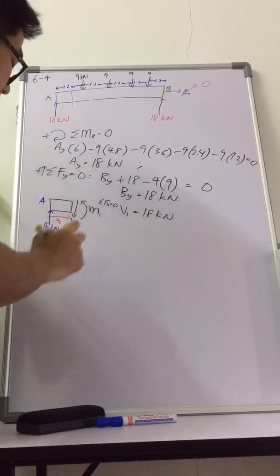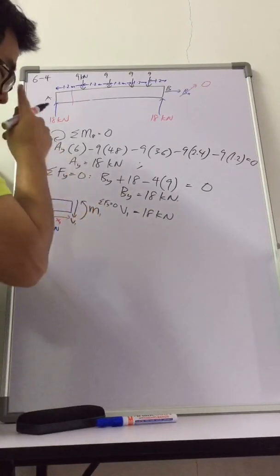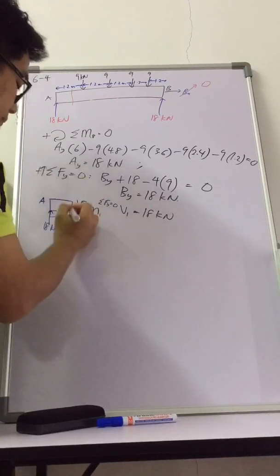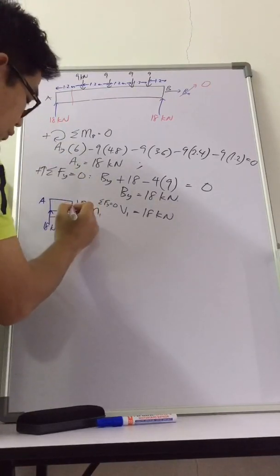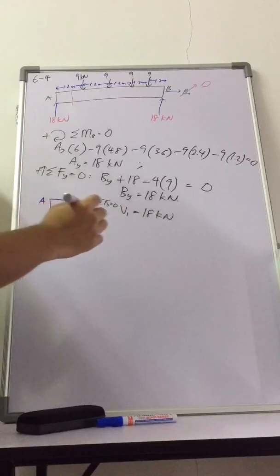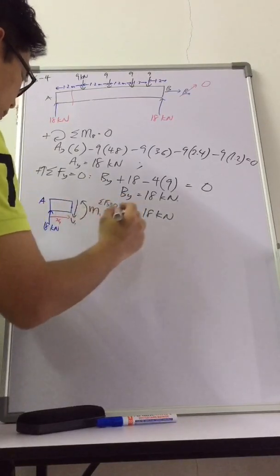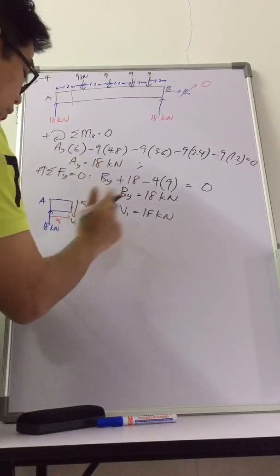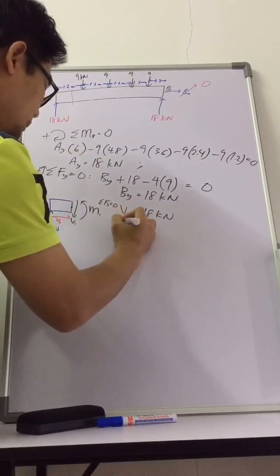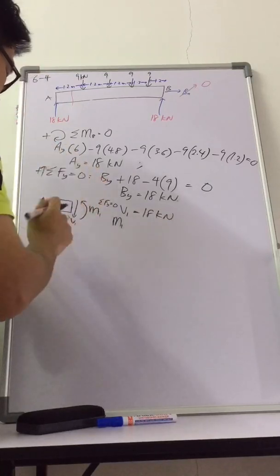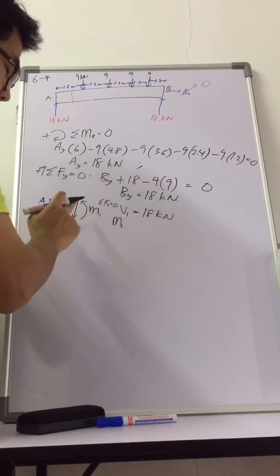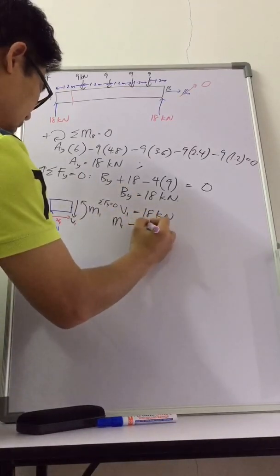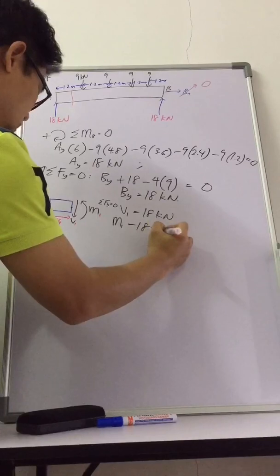How about M1? Remember this, when you want to find the internal moment M, always do moment about the point that you cut. See, this is the surface that you cut. Do moment about this point, right? So you just assume counterclockwise rotation as positive, because it will be easier to express M1. So it will be M1, and V1 will have no moment, and then you have minus 18 kilonewton times x.